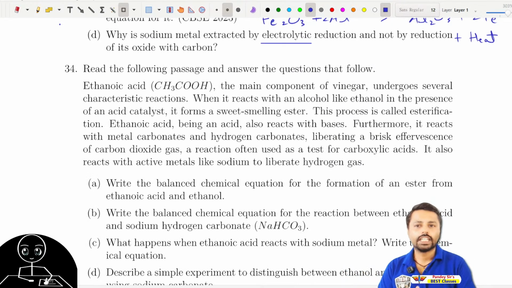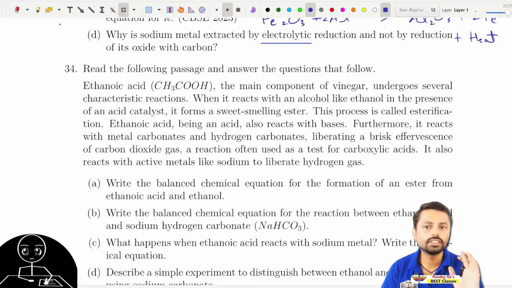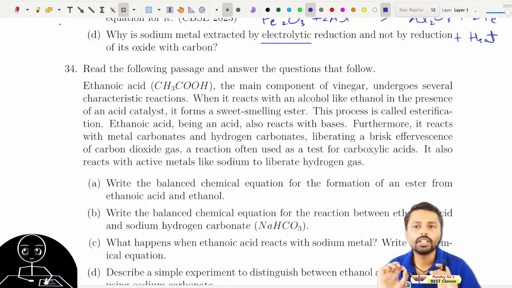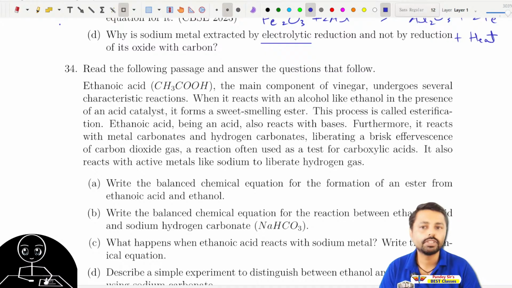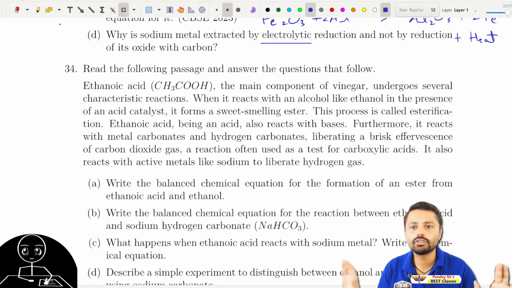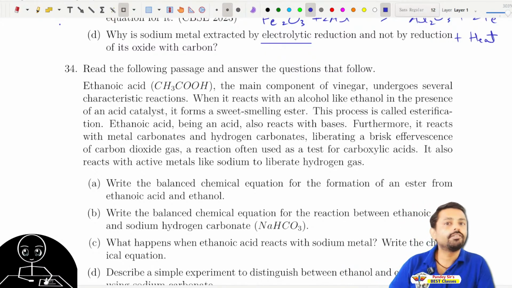So again, a case-based question, and in this super live stream, in this super video, this is the last question. By this question you will be at the highest level of pro in this chapter, because we have covered most of the important chemical reactions from this entire 10th class syllabus. That doesn't mean everything is finished.